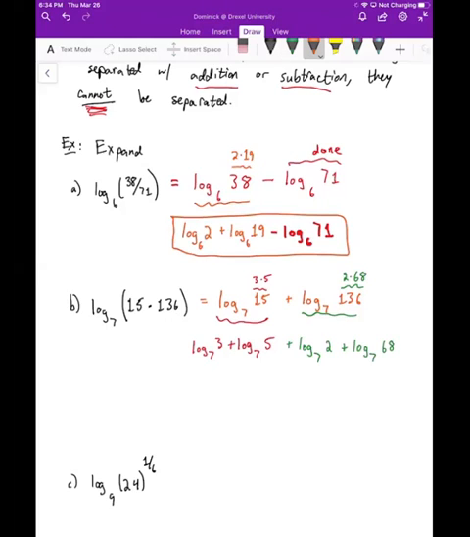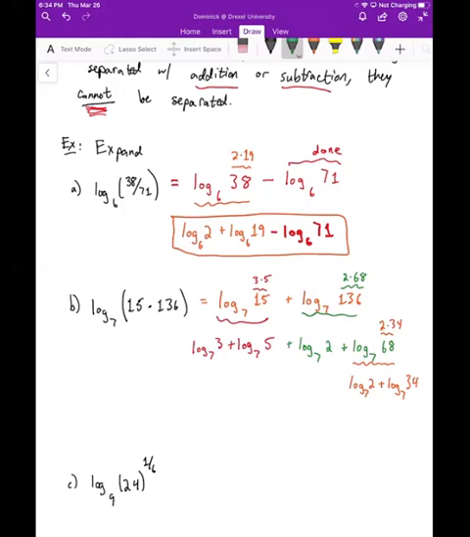But of course, 68 we could break into a 2 and a 34. So we could break this into log base 7 of 2 plus log base 7 of 34.